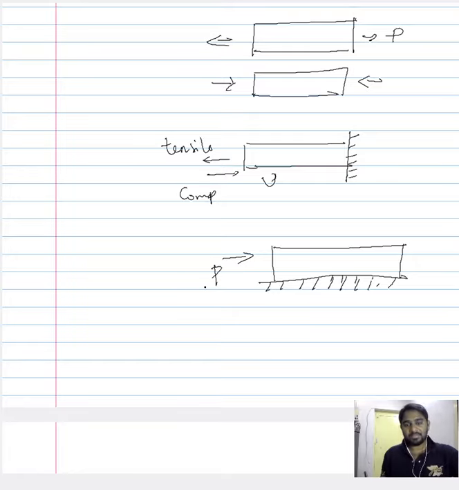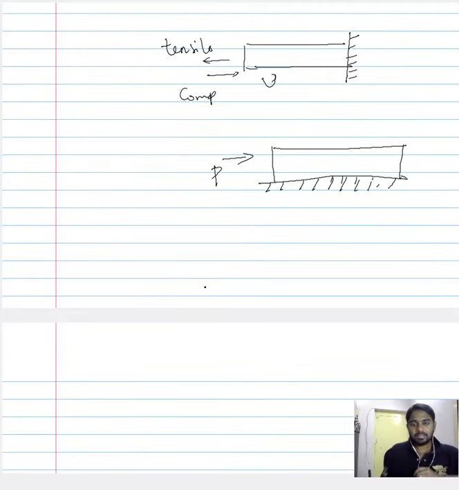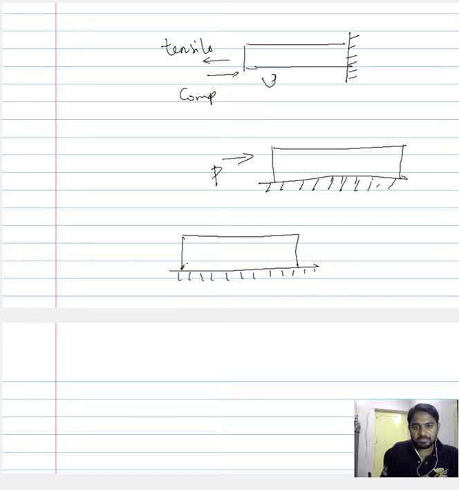Now what happens is that the material deforms in a way that we have not seen so far. This initial material which is fixed here, now it deforms in this manner. So let me get fancy and use a new color. So it deforms in this manner.